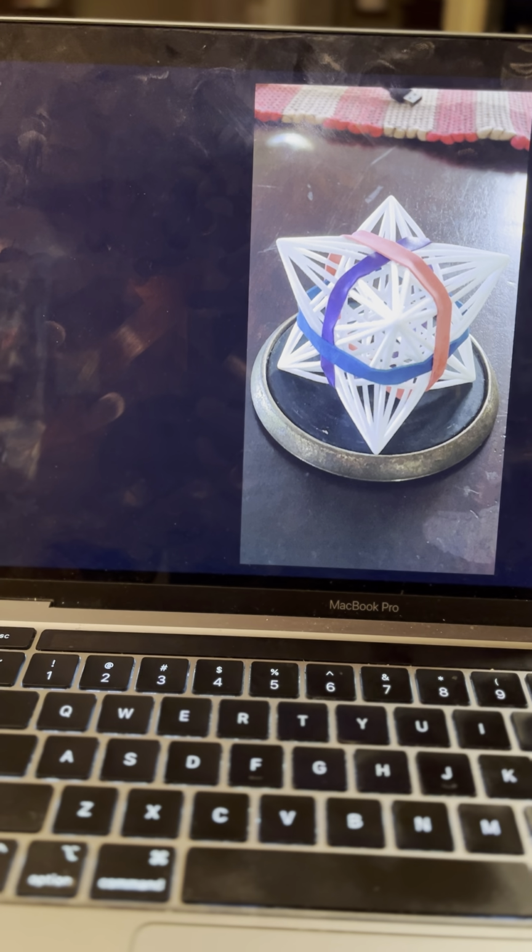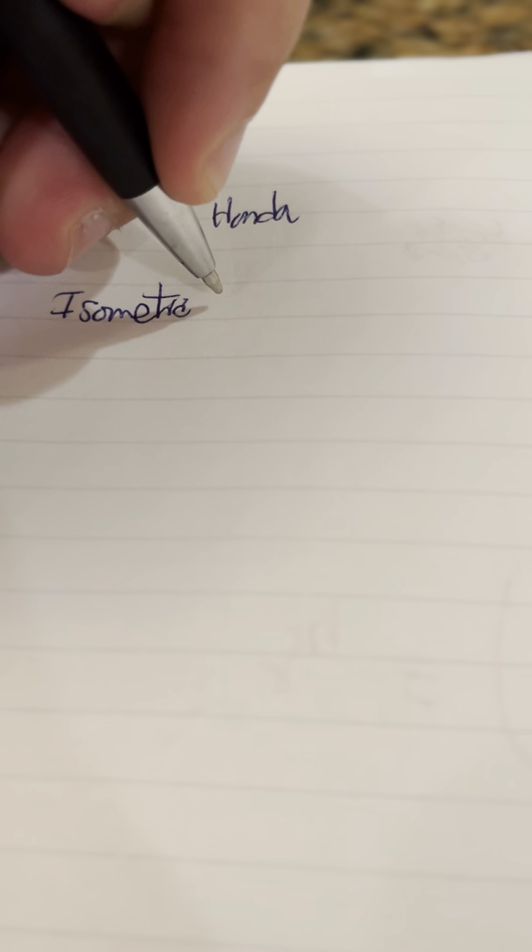I can refer you to a paper. What's it called? It's by A. Honda, Japanese mathematician or physicist, and the paper is called Isometric Deformations of Mixed Type Surfaces in Minkowski and Lorentz-Minkowski space, I believe.